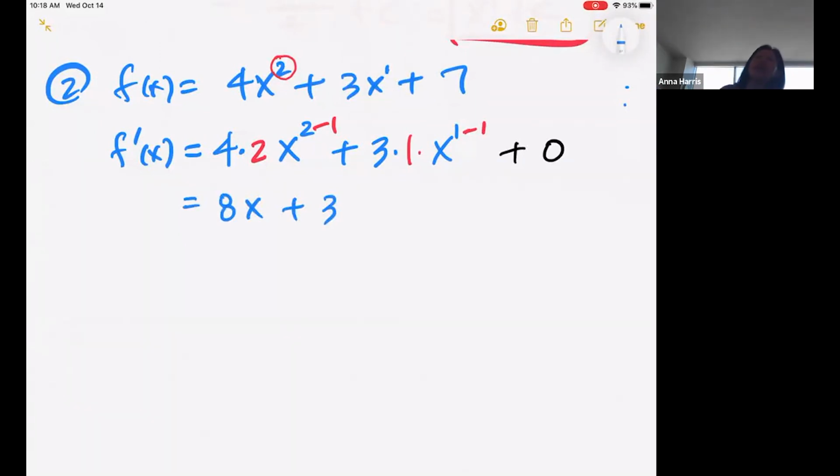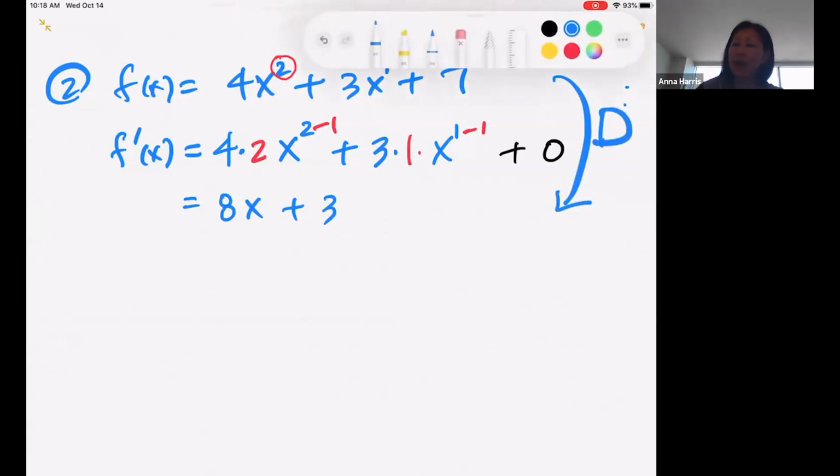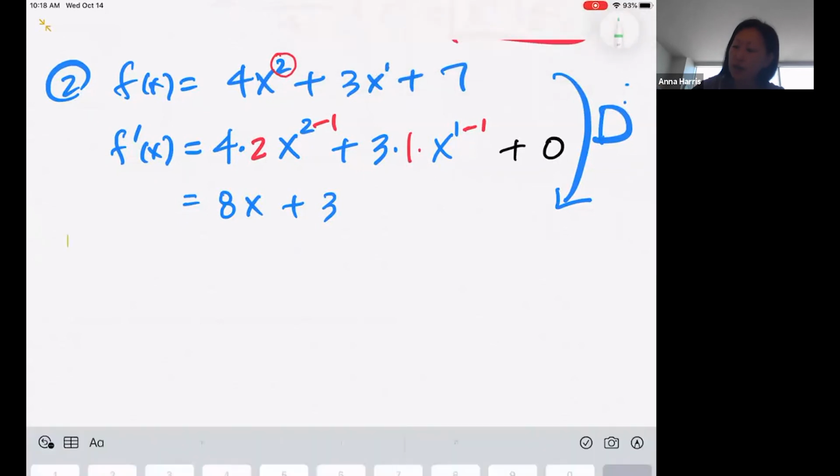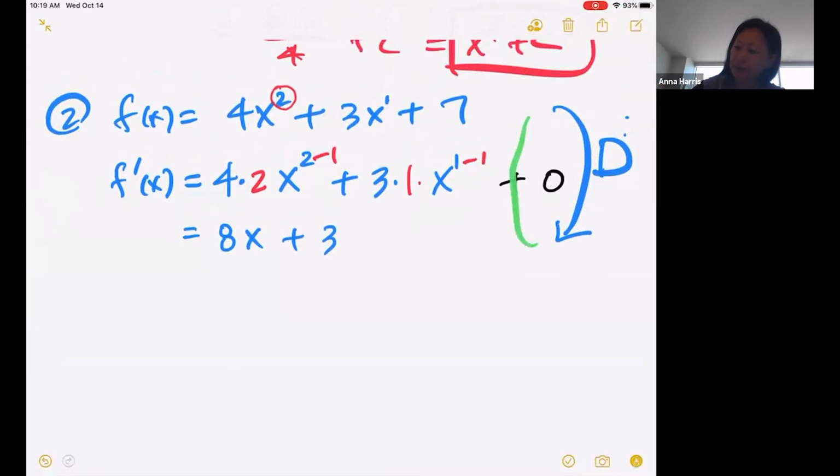Okay, so this is called taking a derivative, right? D. So now let's go back. Let's do it. Antiderivative, okay? That's what we're going to do.